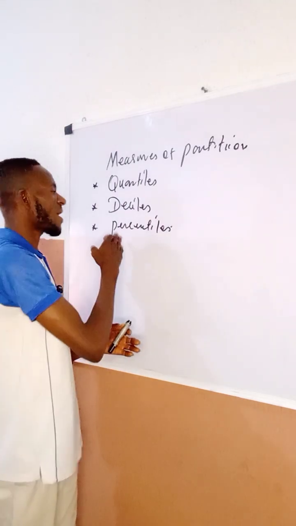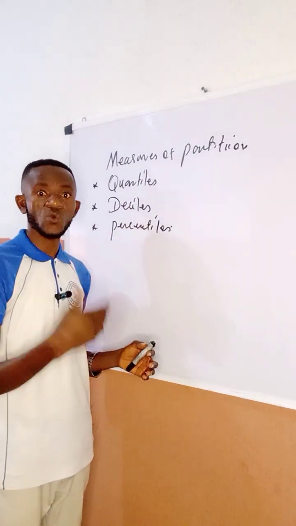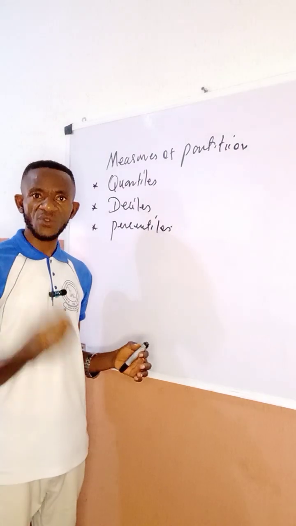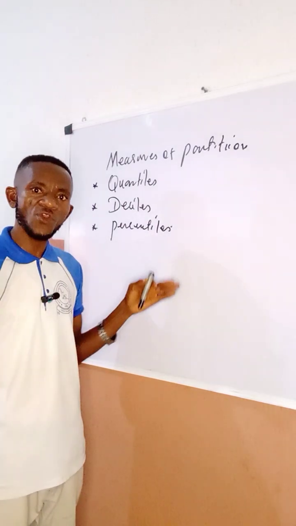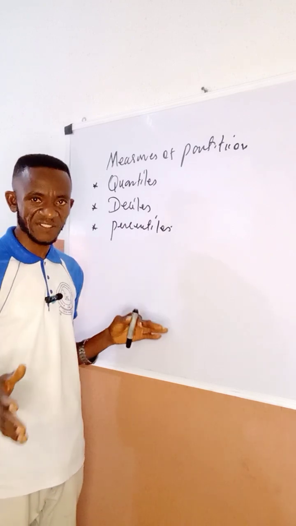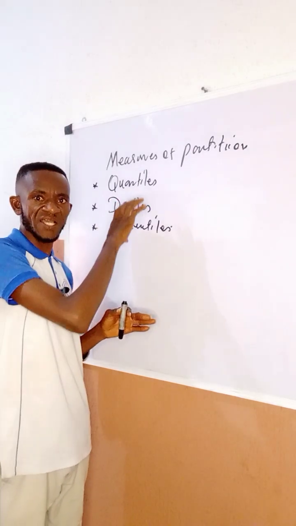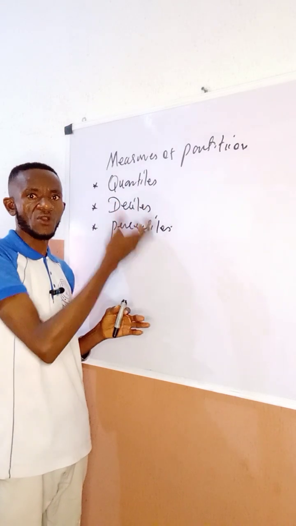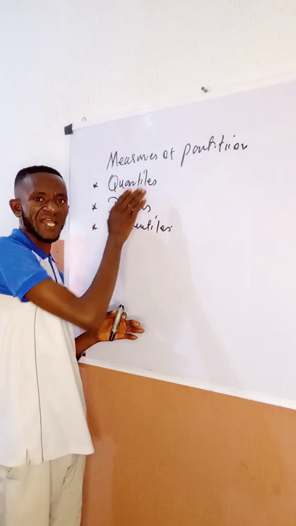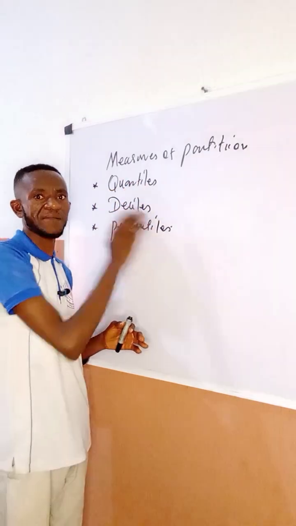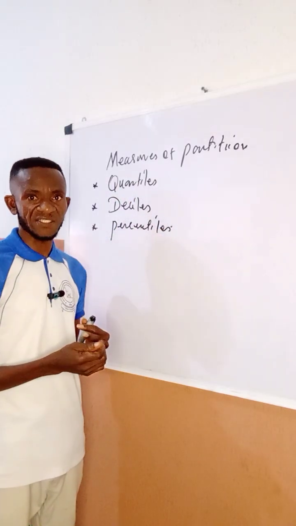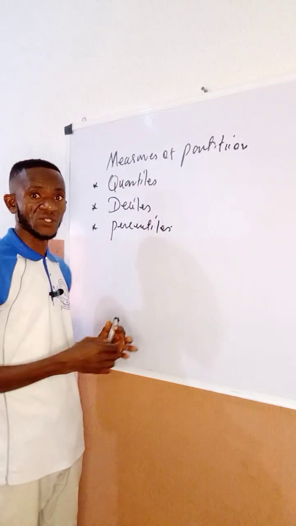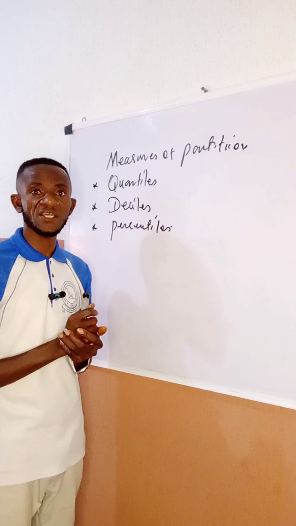And when we talk about percentile, we are talking about 100, a measure that divides a data set into 100 equal parts. This is a sketchy explanation of the quartiles, the deciles, and the percentiles. So we are going to look in detail at these measures beginning from the quartile.